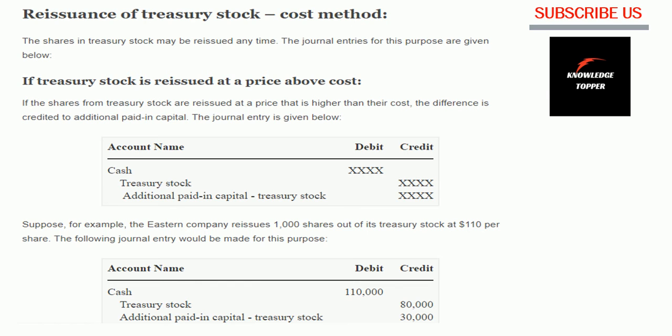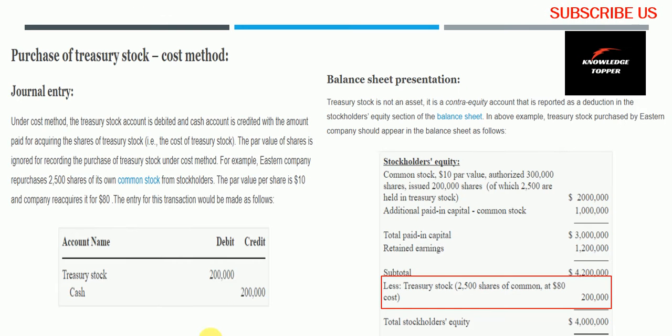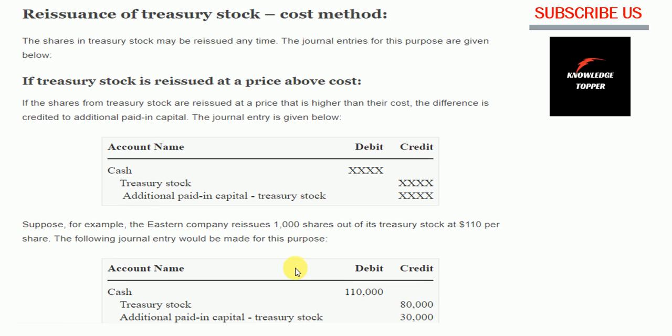The other is the treasury stock amount. As you can see in our previous example, the company reacquired it for $80. So we simply multiply 1,000 shares by $80 and we get the treasury stock amount, which is 80,000, and the additional paid in capital is the remainder, as our treasury stock was reissued at $110 per share.